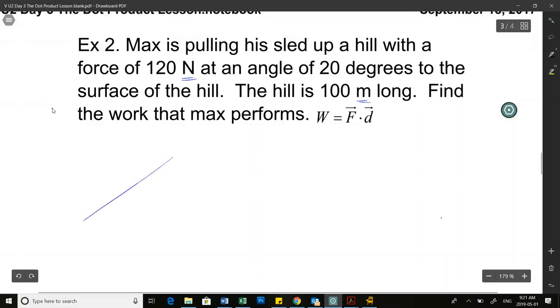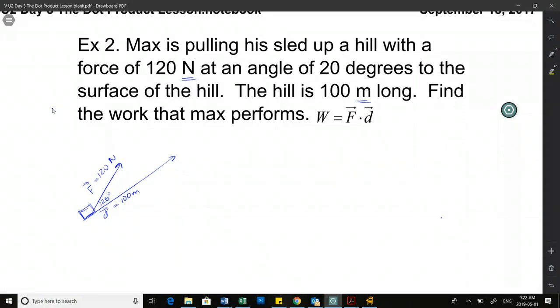Okay, so here's what we've got. We've got our hill. It's 100 meters. We have our sled, and it's being pulled up at an angle of 20 degrees with the hill with a force of 120 newtons. And this is my displacement right here. It's 100 meters up the hill.